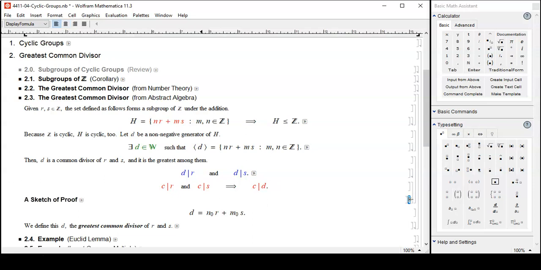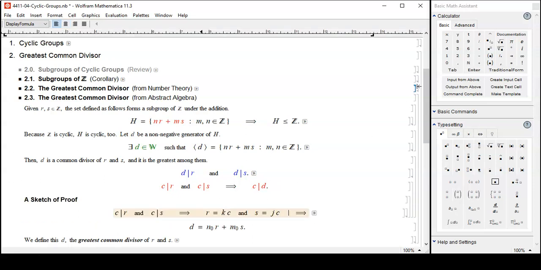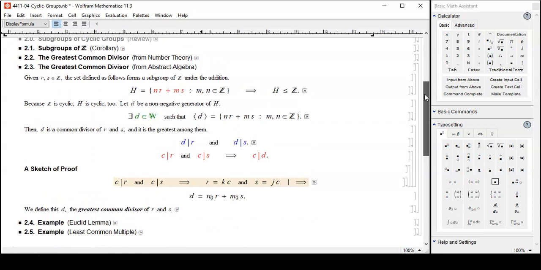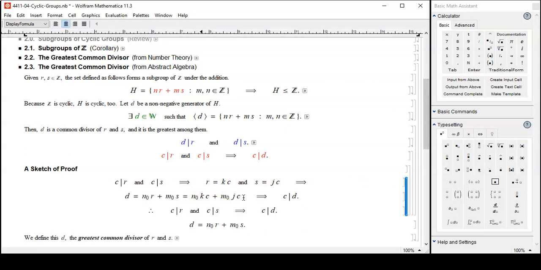Here's a sketch. So C divides R, C divides S, so R is something times C, KC. S is something times C, say JC. And then put those KC and JC here and there for this D. And what do we have? We have C common.